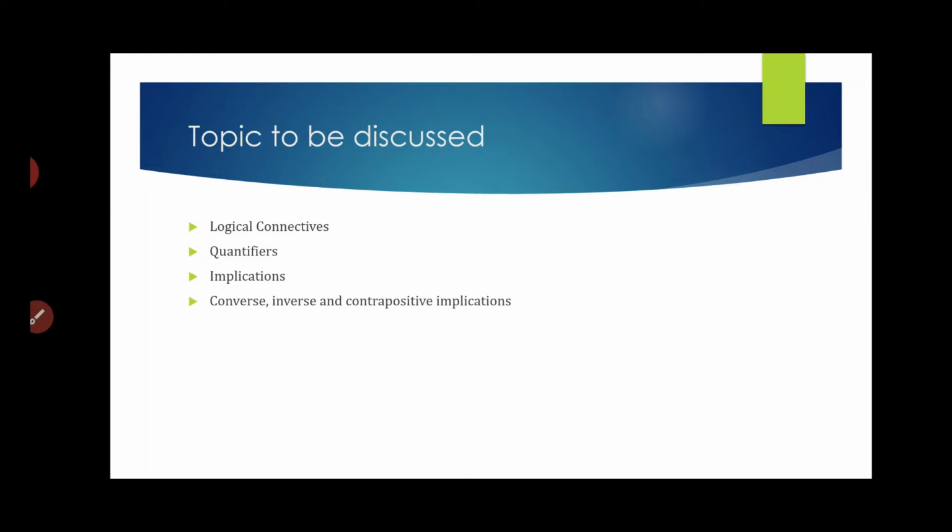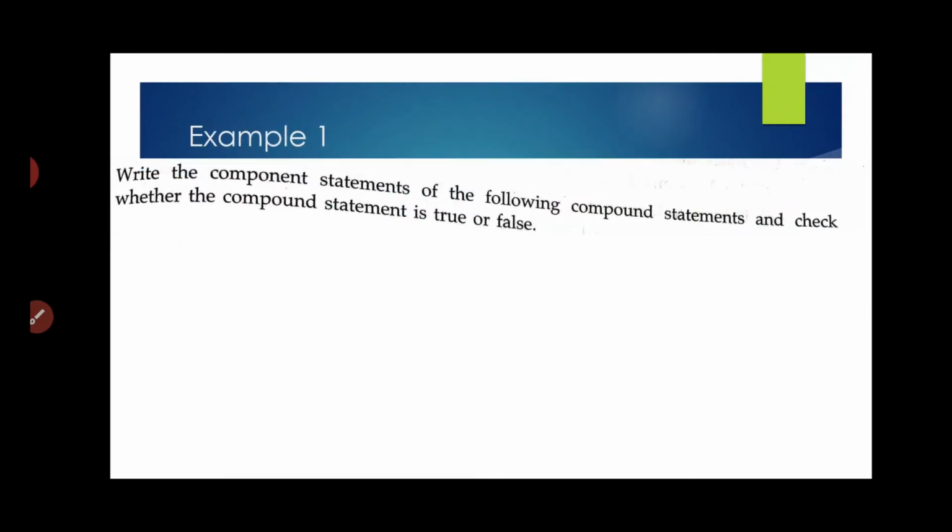So let us take a few examples, the kind of example which we require to solve in the subject of mathematics. That is, you will be given a compound statement and you have to write the components of the statement, and also state if the compound statement is true or false.